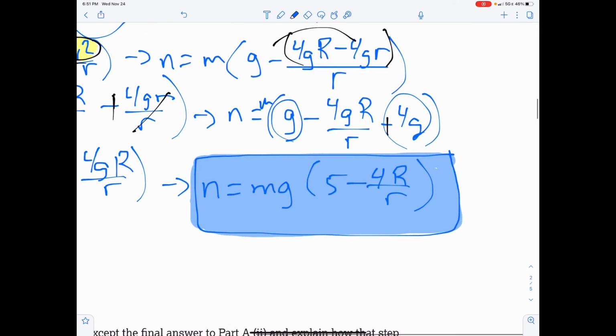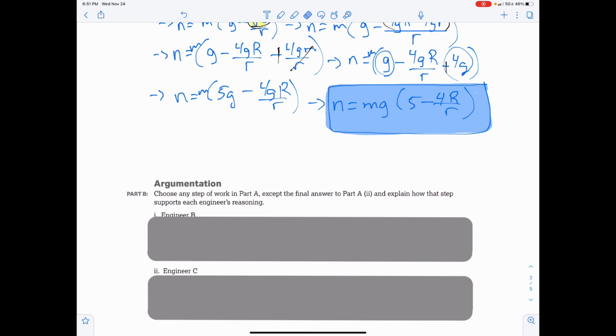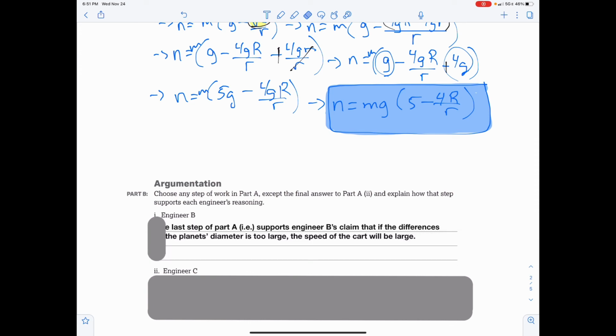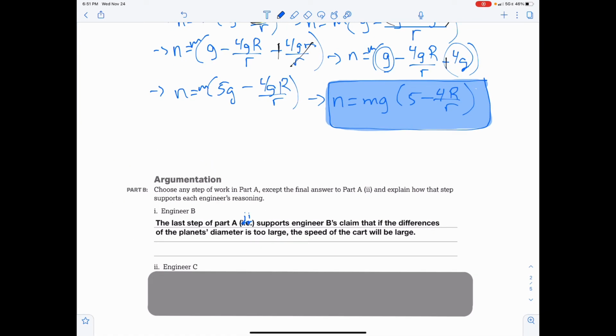Okay, so the last step in part A supports engineer B's claim that the planet's diameter is too large.